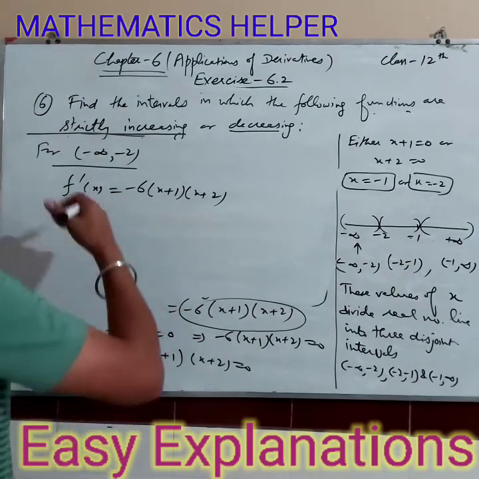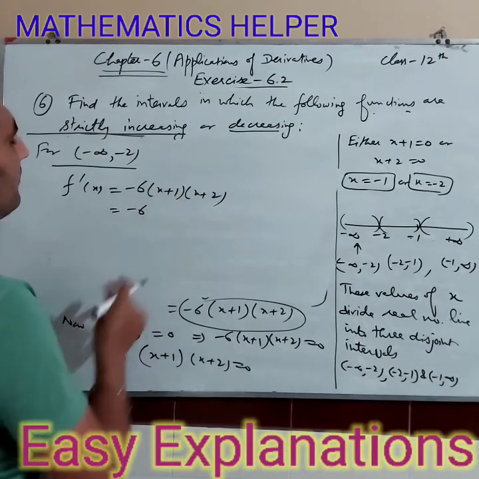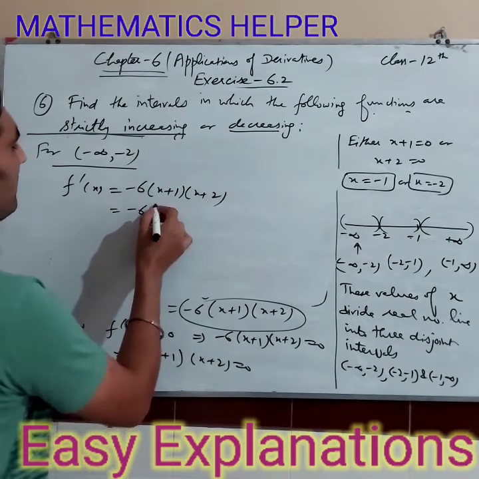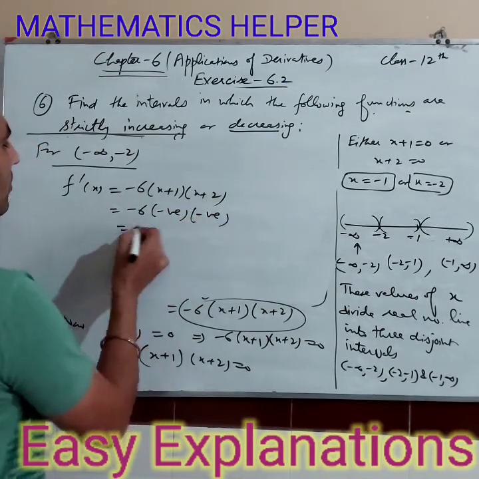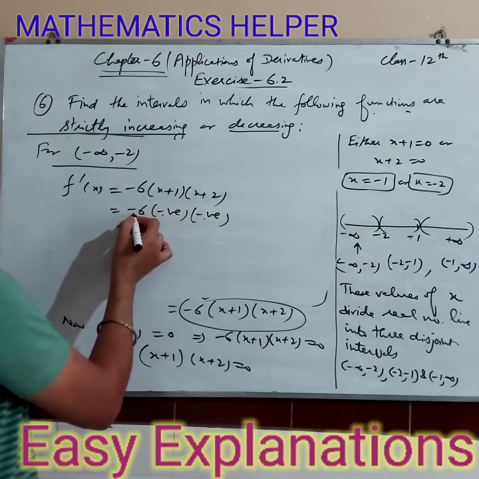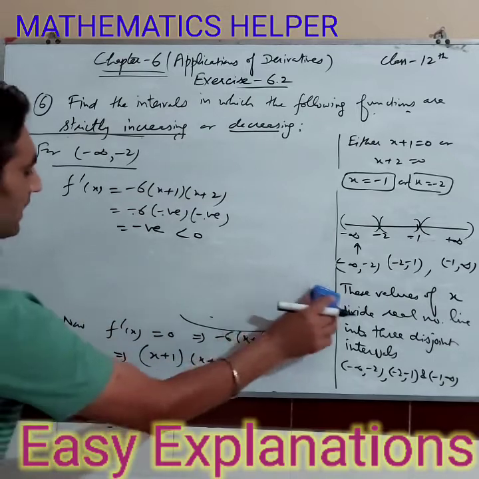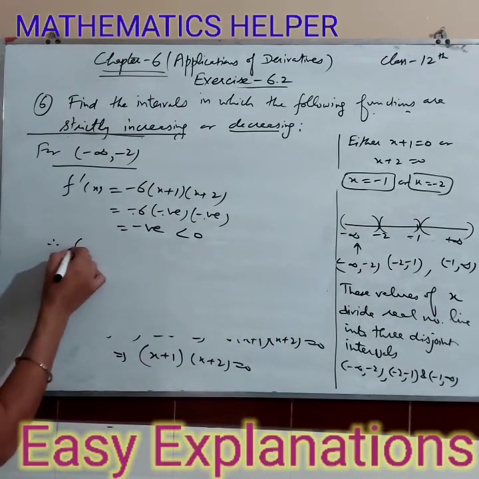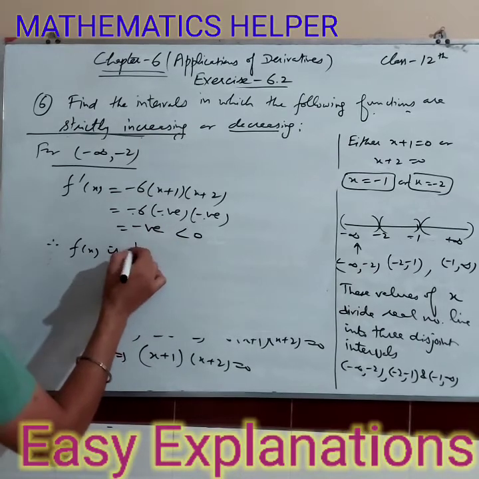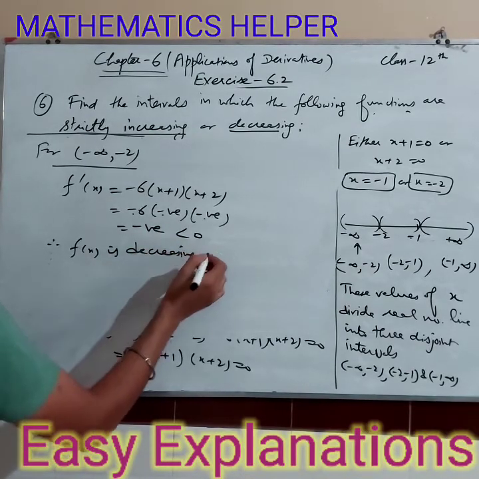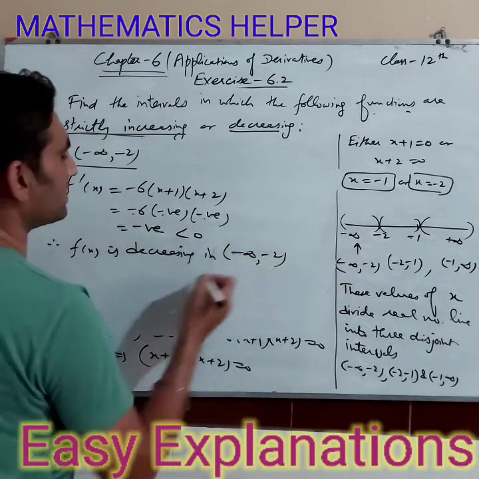For example, if I take minus 3, then x plus 1 is negative and x plus 2 is negative. So minus, negative into negative gives negative overall, which is less than 0. So we can say therefore fx is decreasing, because the derivative is less than 0, in the interval minus infinity to minus 2.